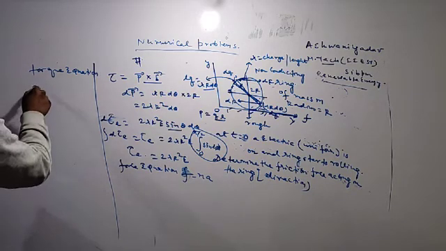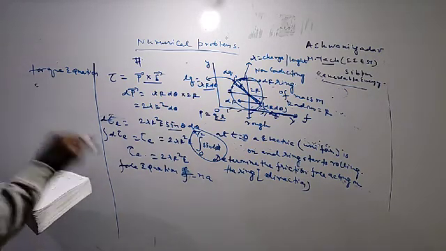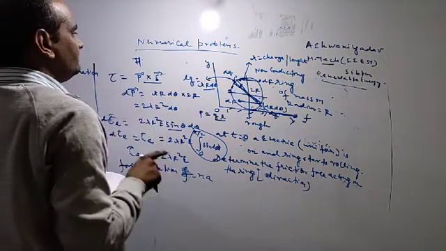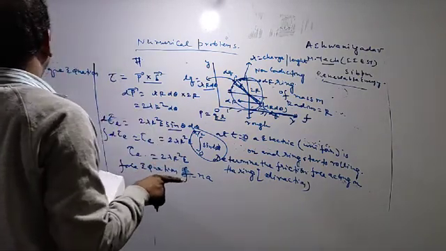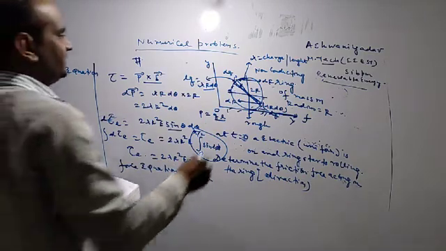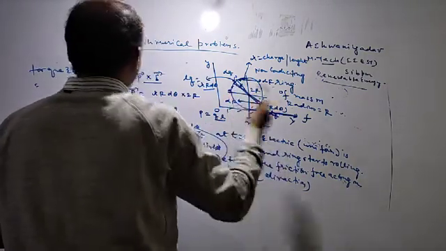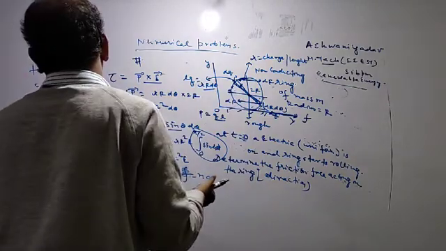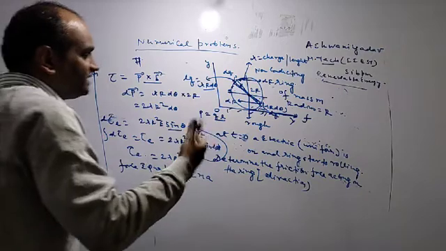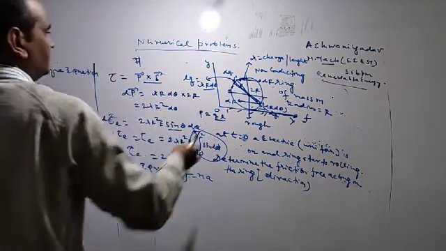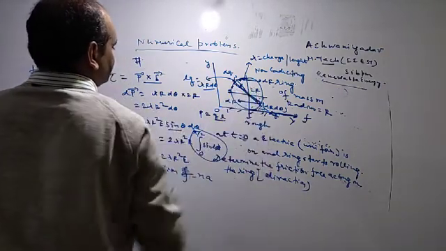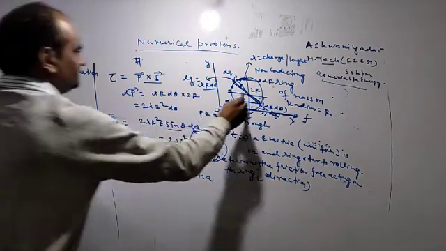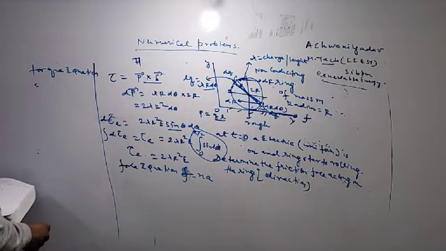What is the torque equation? To write the torque equation, we have to take some point. We always write the torque equation about its center of mass, or about the instantaneous axis of rotation, the instantaneous center of rotation. You can find the torque about this point.